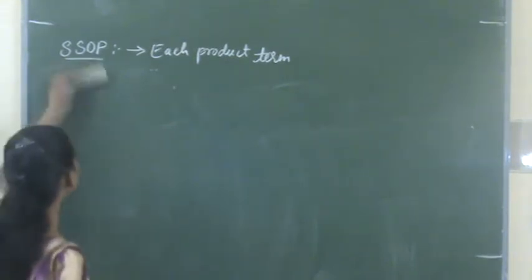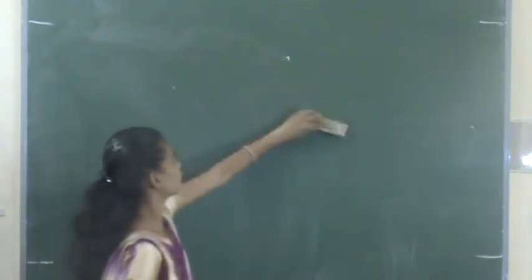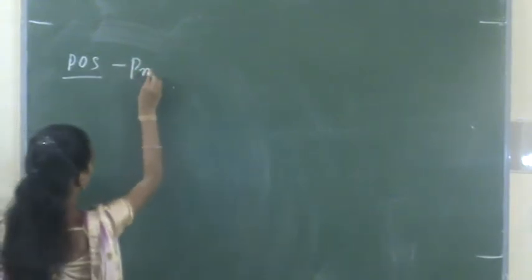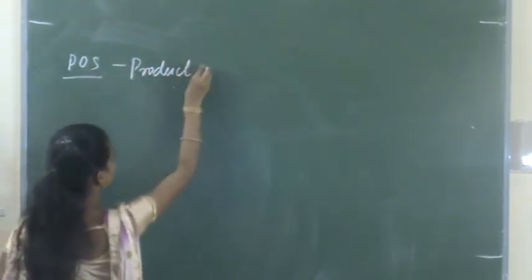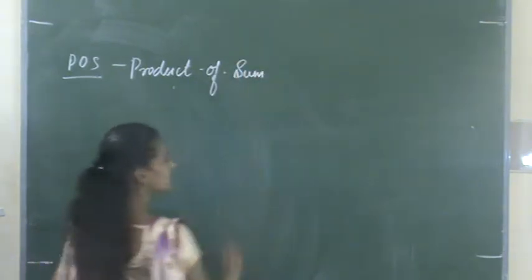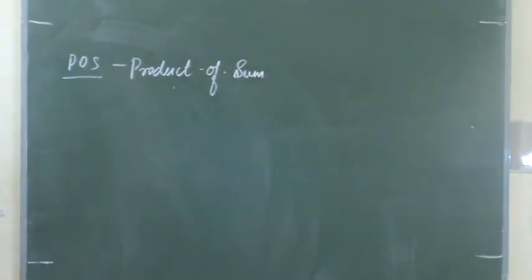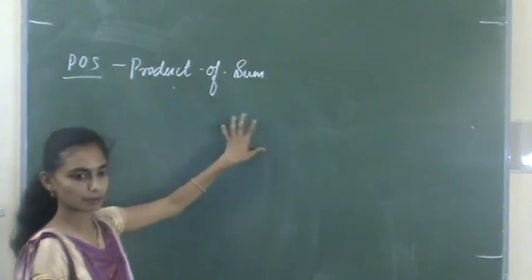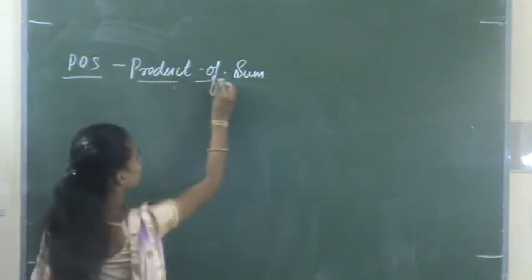Okay. So next we have POS form, right? So we have two forms, right? In the last class we studied SOP. Now in this class we are studying POS, meaning product of sum. So what is product of sum?